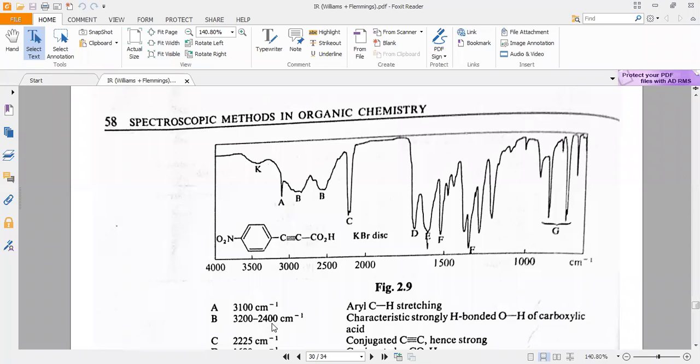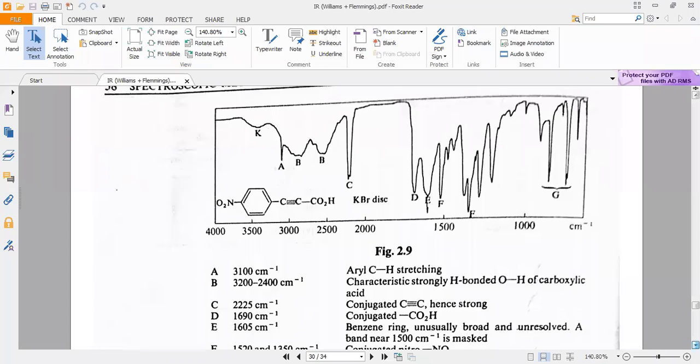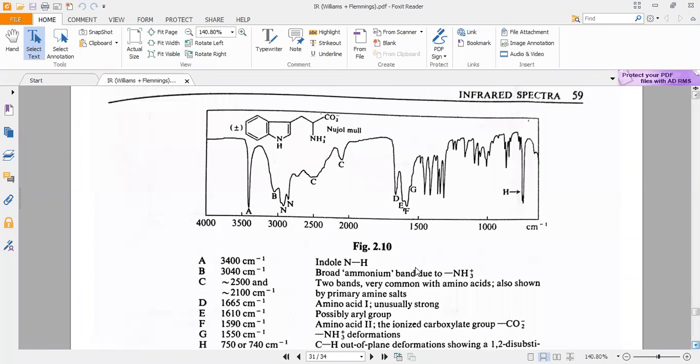This is for OH, hydrogen bonded, in fact. But this has been confused. This is non-hydrogen bonded. This is the CH stretching, in fact. So this is a molecule I just wanted to present for comparison. Look at another molecule presented here. This is in fact called an amino acid, but this is recorded in Nujol mull.